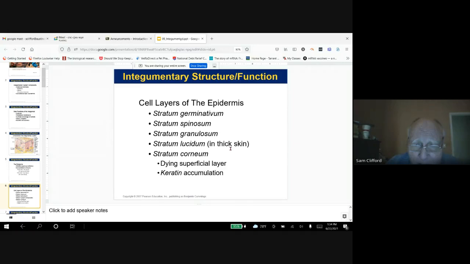That's only in thick skin in the palms of the hand and the soles of the feet. And then we have the stratum corneum, which is the top layer, which is dying, and it's waterproofed by keratin.